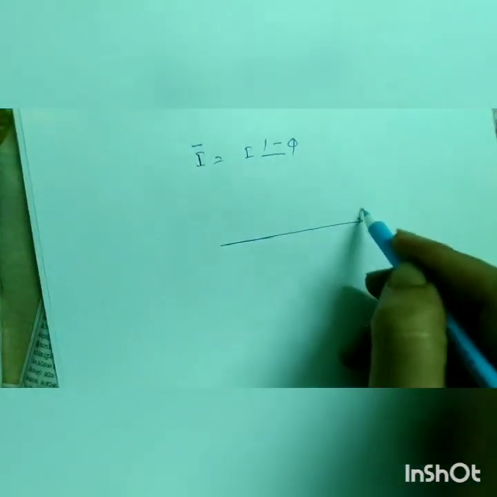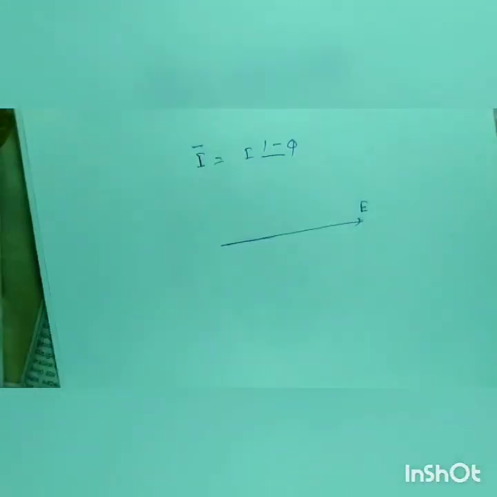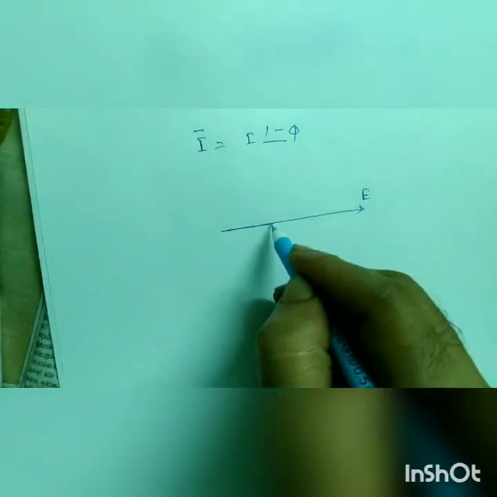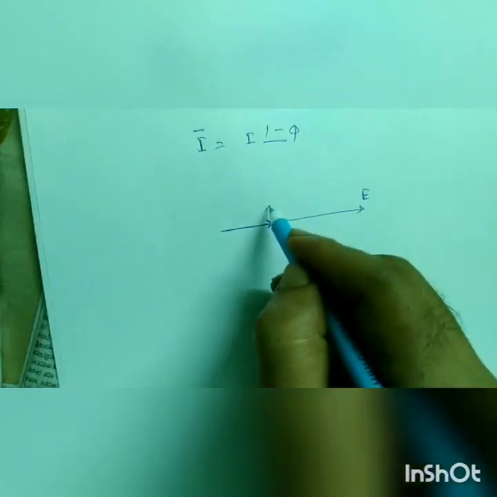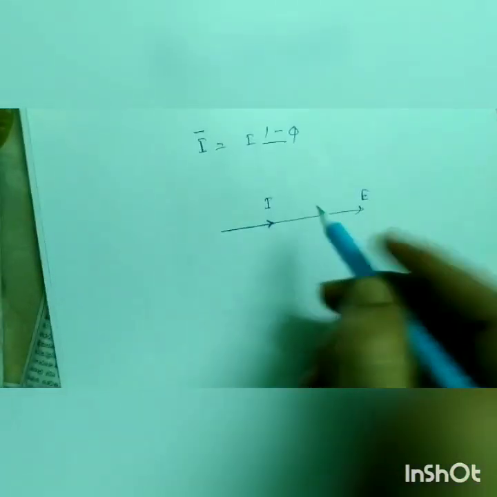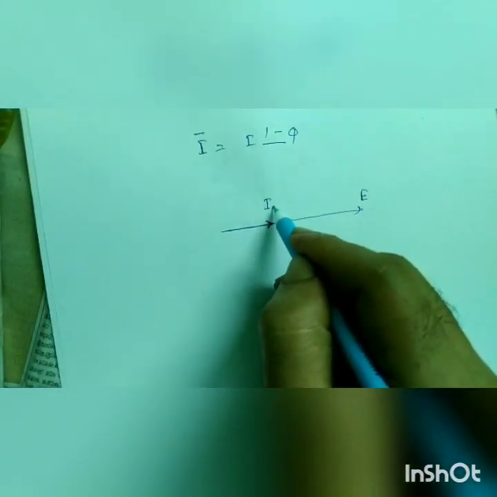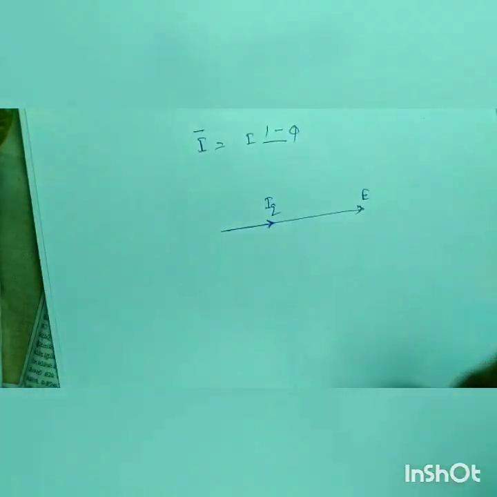So I'm assuming that E is the induced EMF, and remember the IQ, the quadrature axis current, is always in phase with the induced EMF.